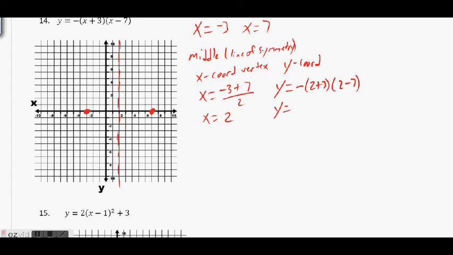Again, very much dislike pre-printed graphs. I know this thing opens down, but this pre-printed only goes up to 10, which does not help me. So we're going to have to change the scale some. Since it's going up to 25, let me see, could I go by 2s and get away with it?